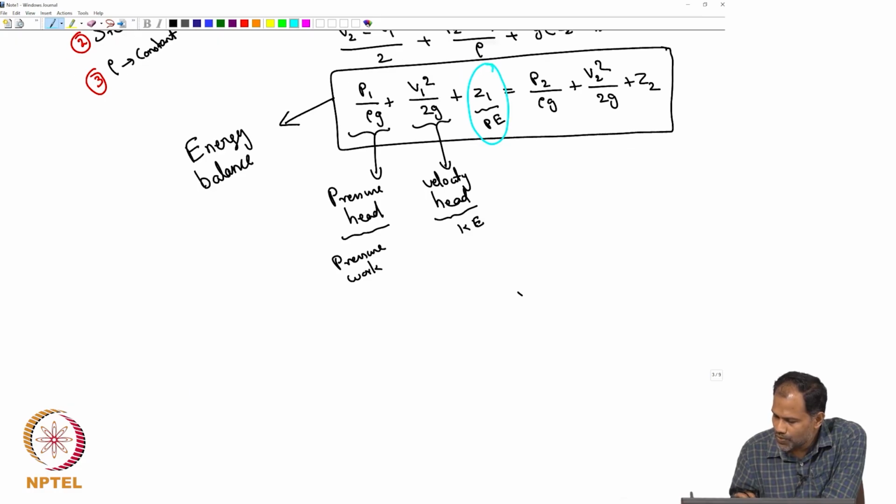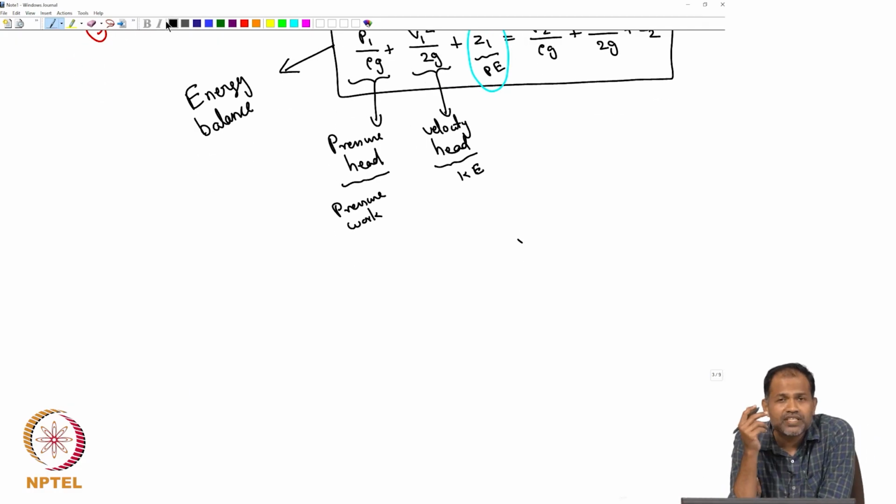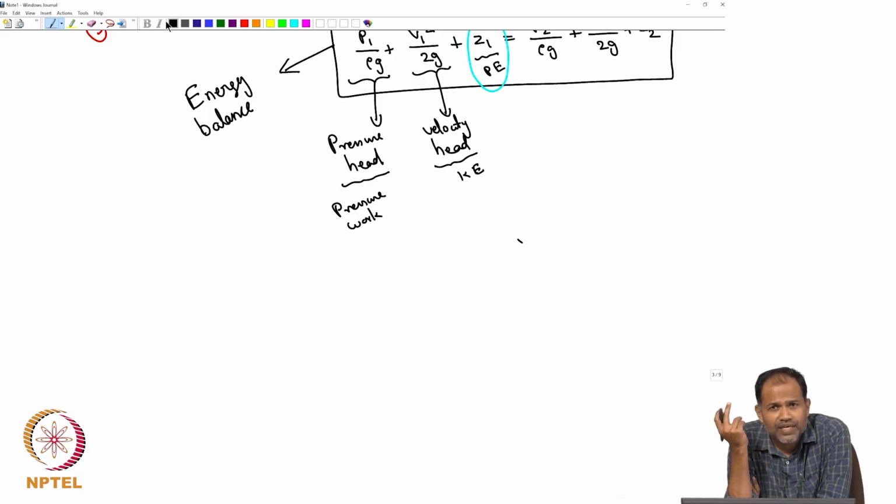Now, if you say that your fluid is actually not frictionless, but there is friction, that means that a certain amount of energy is lost due to frictional forces. Because of frictional forces, some energy is converted into heat.